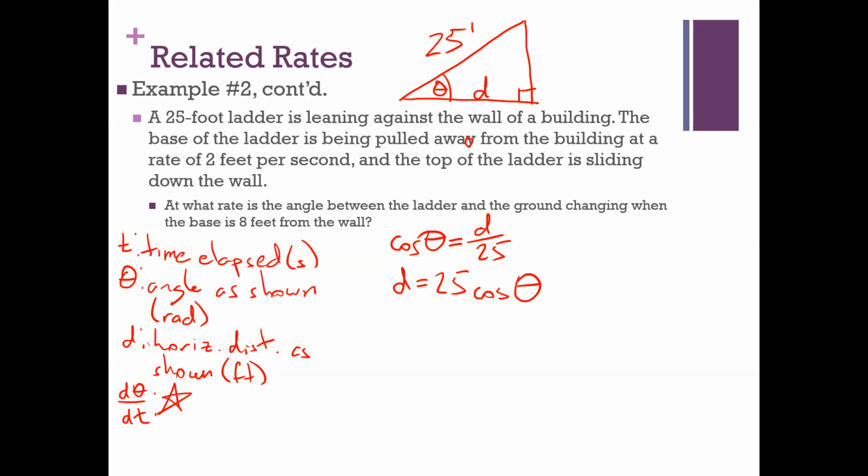I want to somehow get to d theta dt, right? So what can I do with that equation to start marching towards the rate d theta dt that I want? Does my equation as it stands involve time? No. So how do I get there? Change the D to involve t?